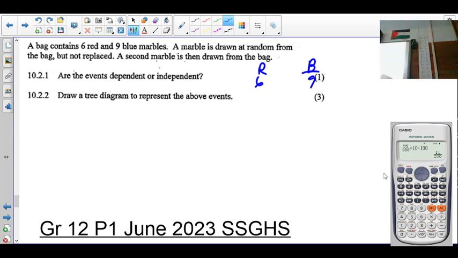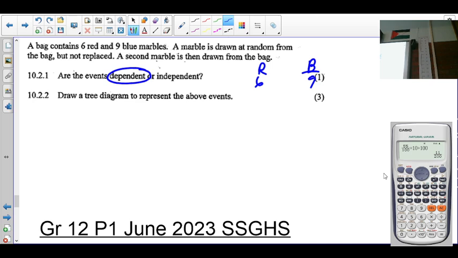The question says, are the events dependent or independent? It's definitely going to be dependent. Why? Because it depends on what color ball you draw in the first draw. It will affect your second draw.